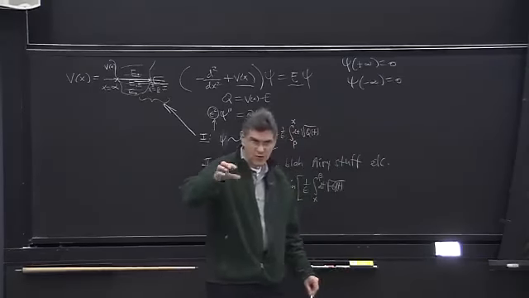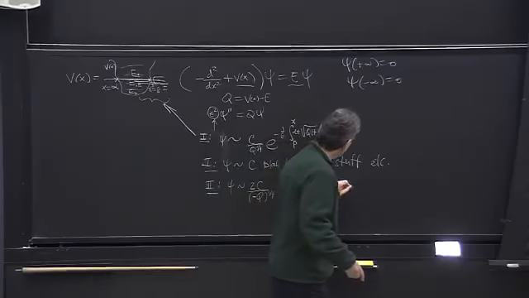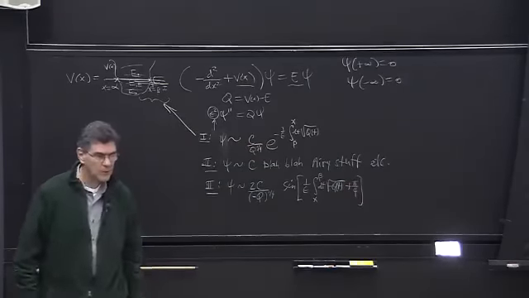But there's a phase shift. Okay, it's a particular linear combination of sines and cosines, and there's plus pi over 4. And that's the solution that we got.